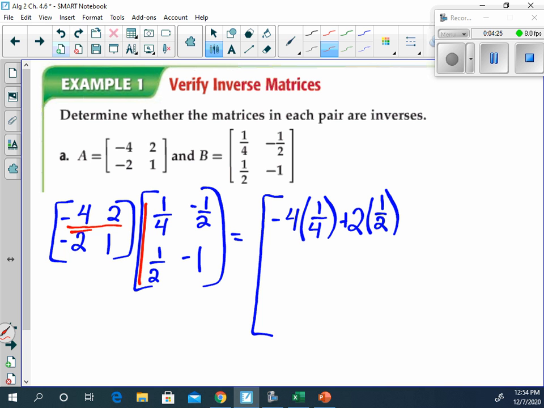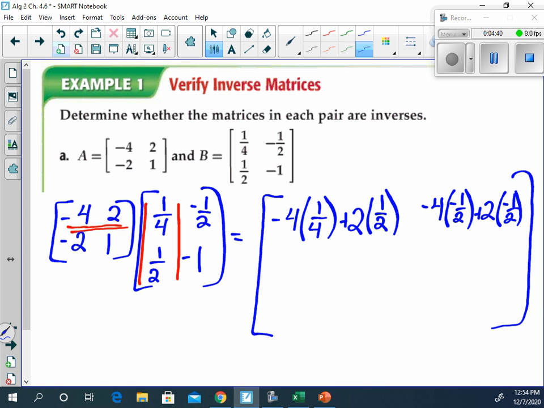Then again, we're going to go over and down. Negative 4 times negative 1/2 plus 2 times negative 1/2. Or over, down, over, down. This is just repeating what we did last week, yes? Any questions on this so far? Any questions on anything we've done so far?